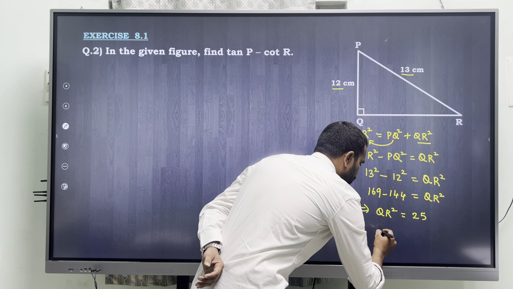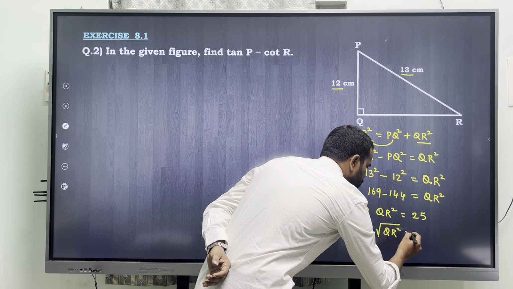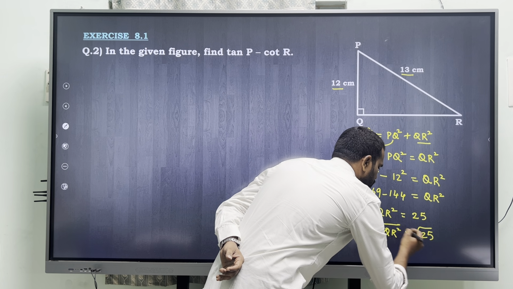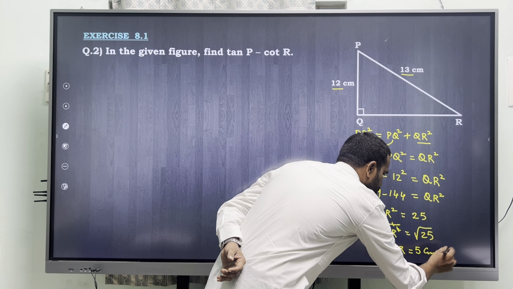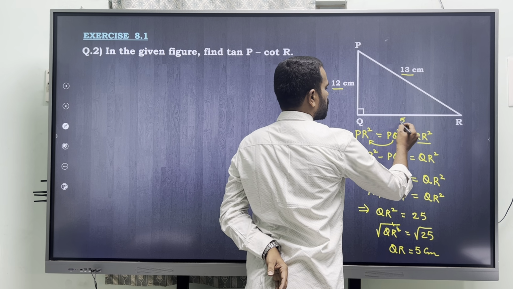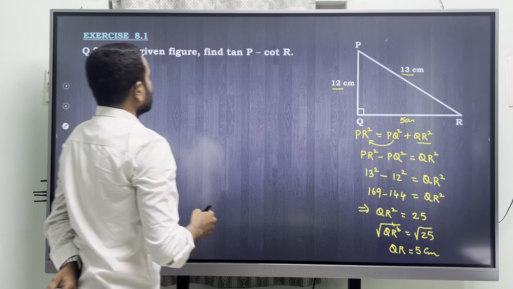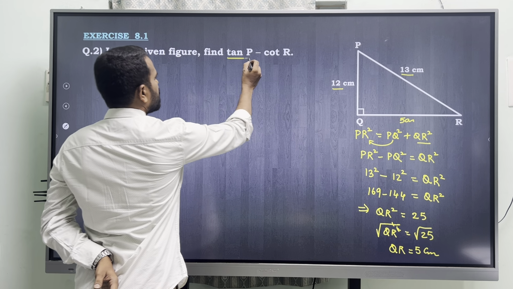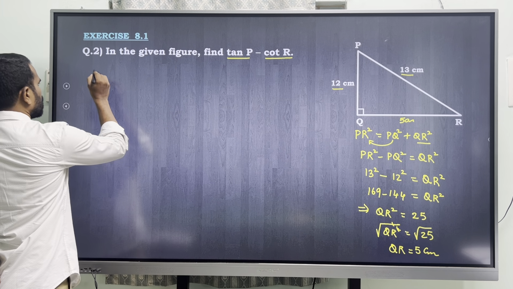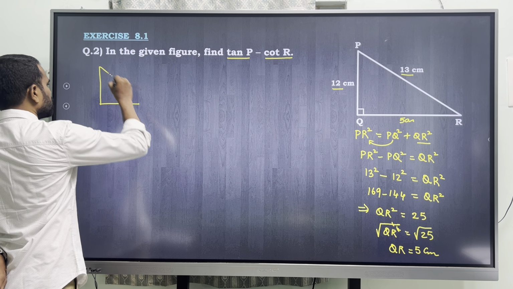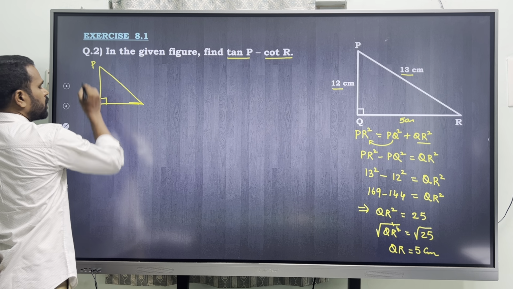Now taking square root on both sides, QR is root 25, which is 5 centimeters. Now what is asked is tan P minus cot R. So let us redraw this drawing here. See here, this is right angled PQR.